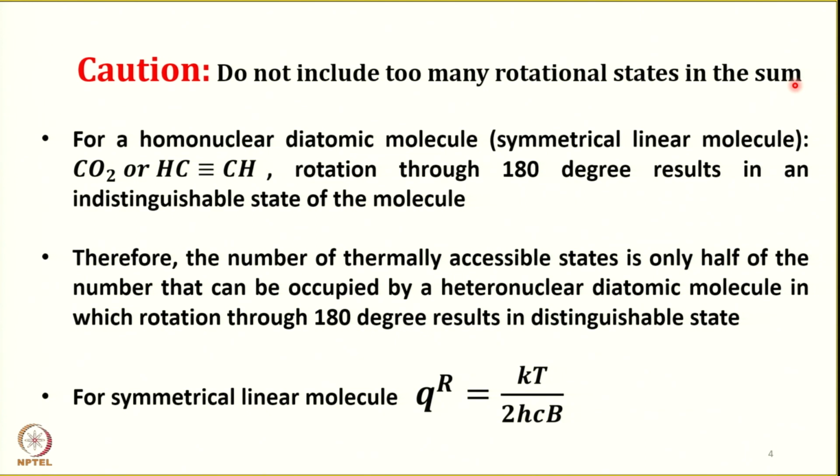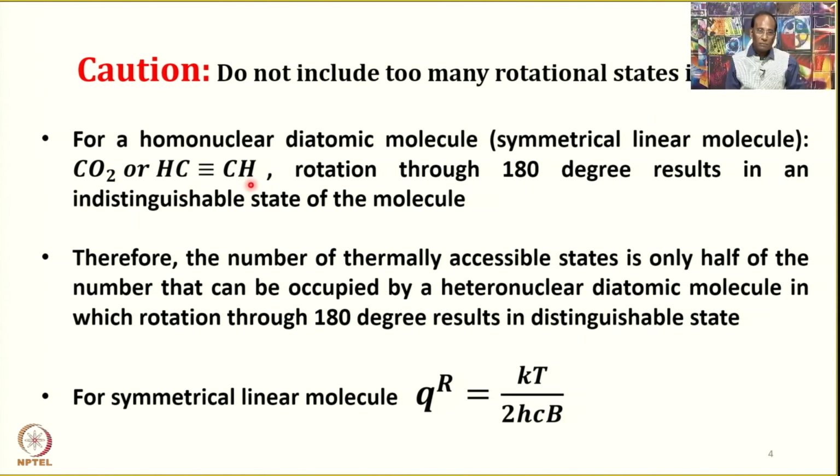Let us take the example of a homonuclear diatomic molecule. That means now from non-symmetrical linear rotor, we are going to discuss symmetrical linear rotor. And one such example is HC triple bond CH, acetylene, or carbon dioxide. These are symmetrical linear rotors. Why?